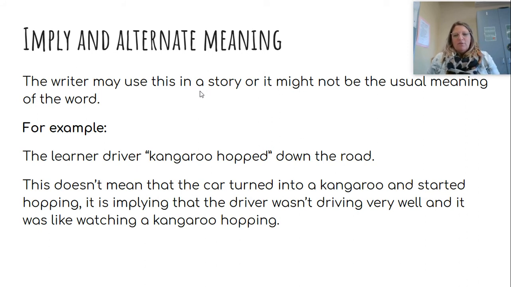It's implying that the driver wasn't driving very well and it was like watching a kangaroo hopping. So if you've ever seen a learner driver trying to learn how to drive a manual car, because they have to work out the clutch, sometimes it looks like they're hopping. That's what a learner driver kangaroo hopped down the road means. So it's not saying that it's an actual kangaroo hopping. It's saying that it looked like a kangaroo hopping.